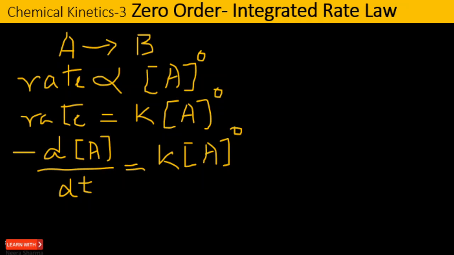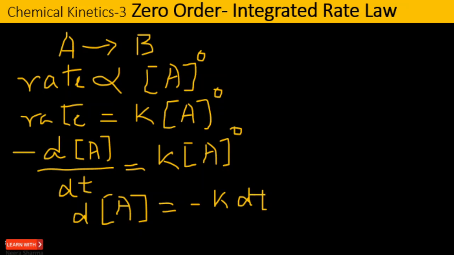So this equation can be written as dA is equal to minus K dt.